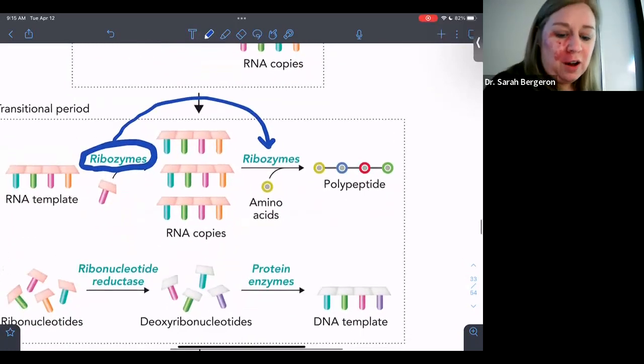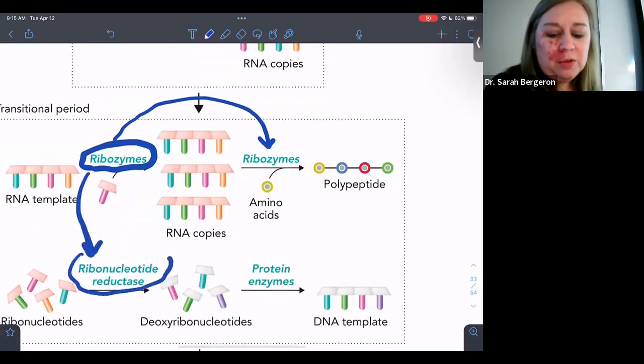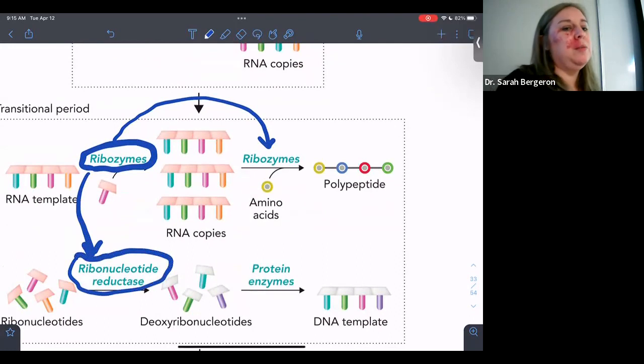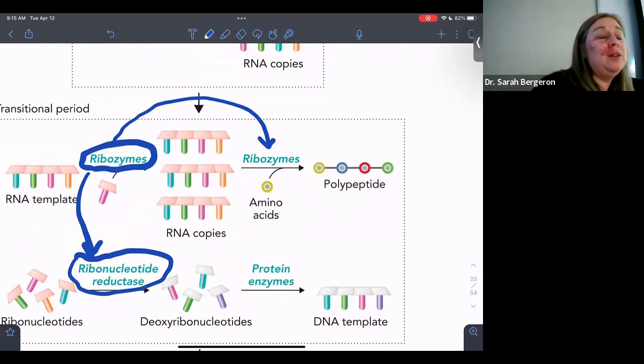But the other thing that also happened is that one of these ribozymes was allowed to mutate, got another copy, and got some more mutation. And we converted that RNA now to DNA. So our ribozyme gene mutated, duplicated, mutated, and now is a ribonucleotide reductase.